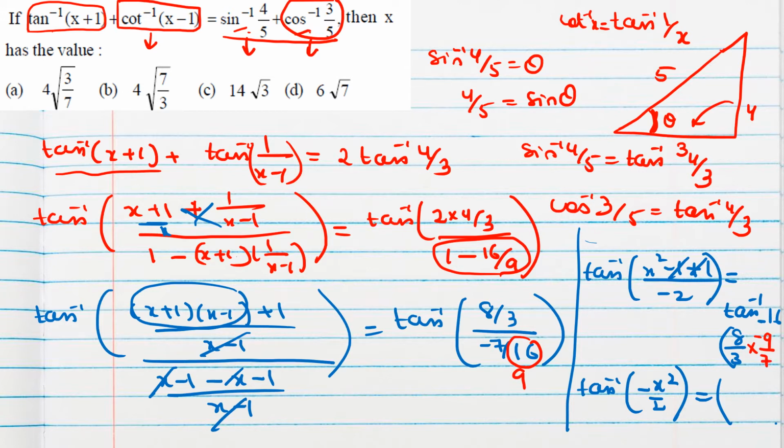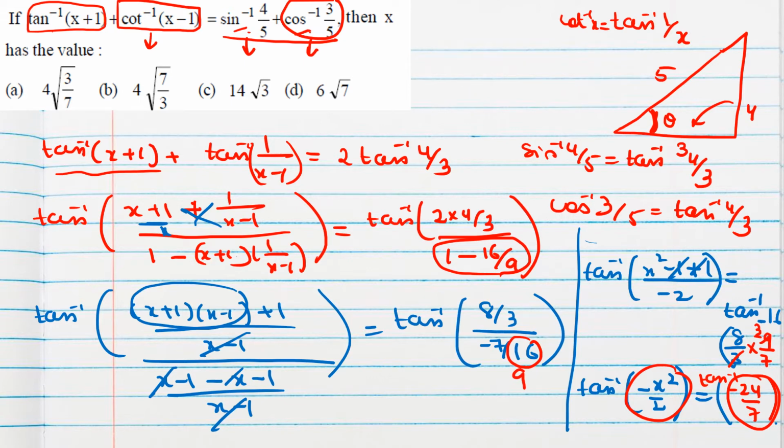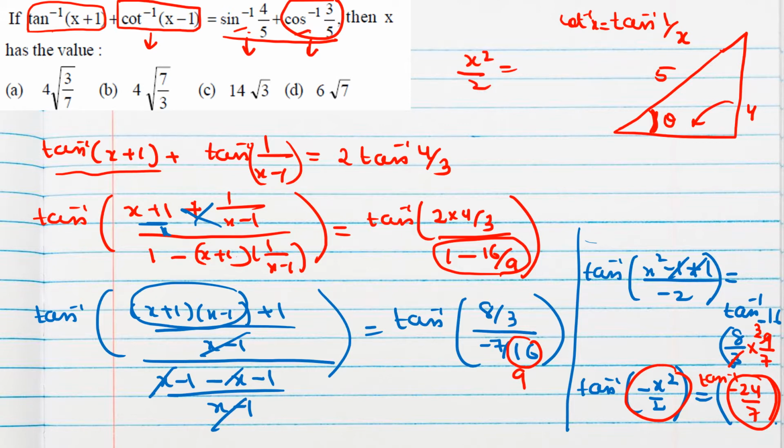So from 3 we can cancel, minus 24 by 7. This is tan inverse, that means we can compare the angle here. So if we compare the angle, we will get x square by 2 is equal to 24 by 7, because the negative we can cancel. So we will get here x square by 2 is equal to 24 by 7.